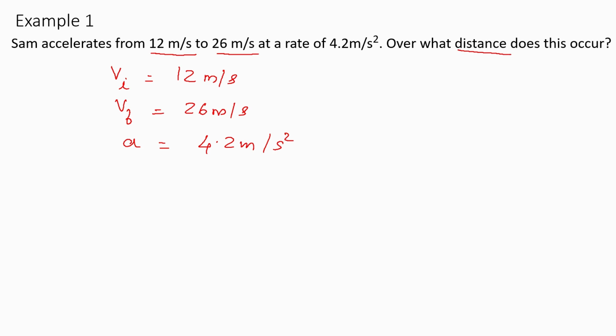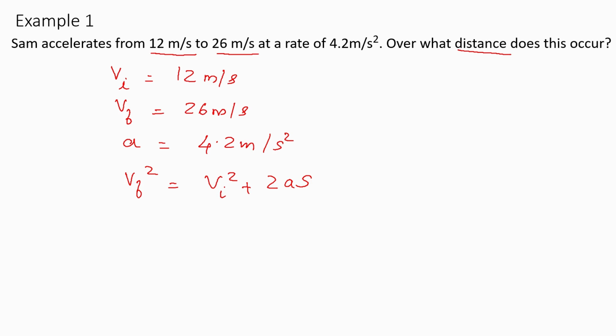Out of the four kinematic equations, the equation for finding distance is here: V final square is equal to V initial square plus 2AS. And if we use this equation, you can find S.